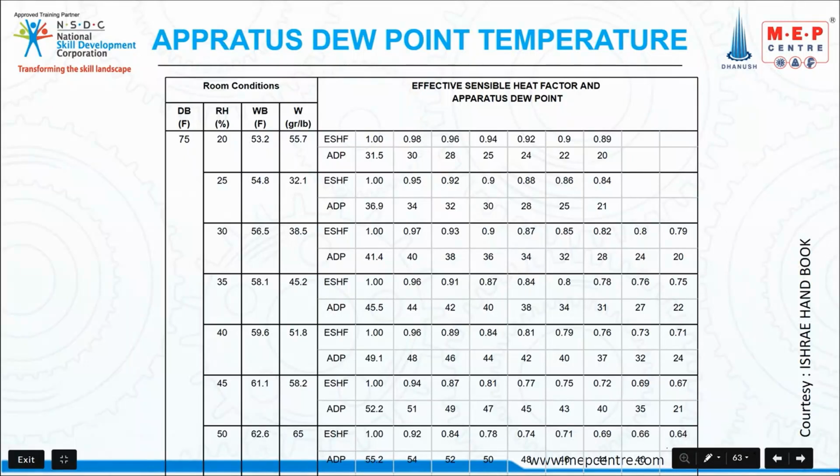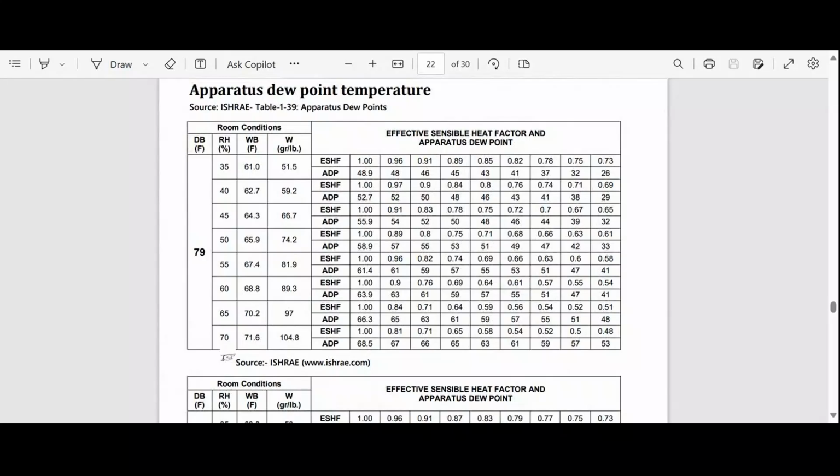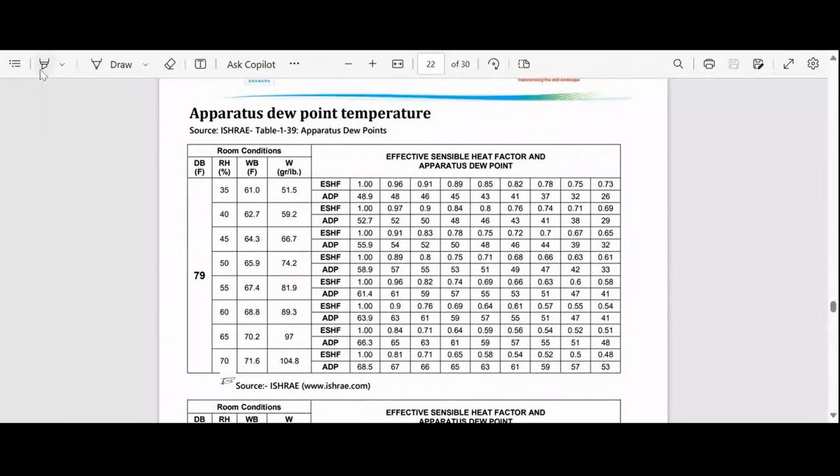So to find it, I'll tell you the page number. Please allow me 1 minute. From page number 22, this sheet is representing the apparatus dew point temperature.